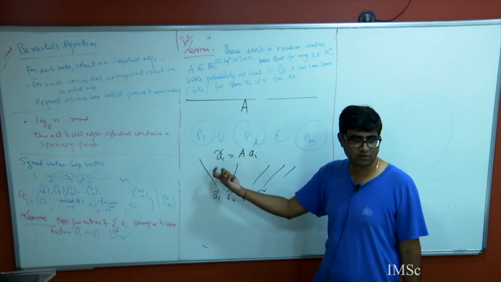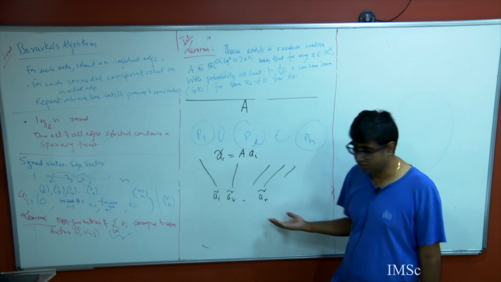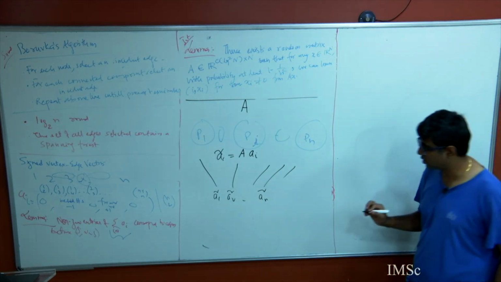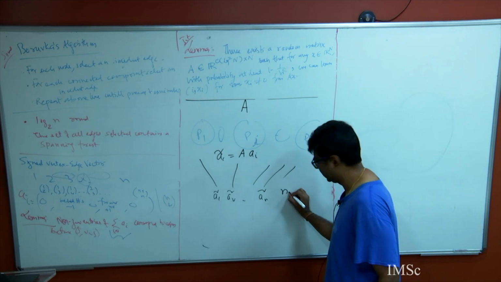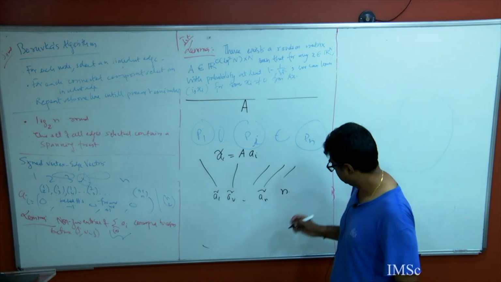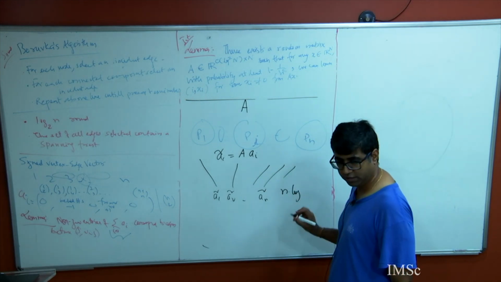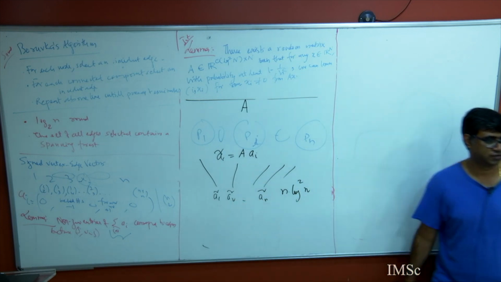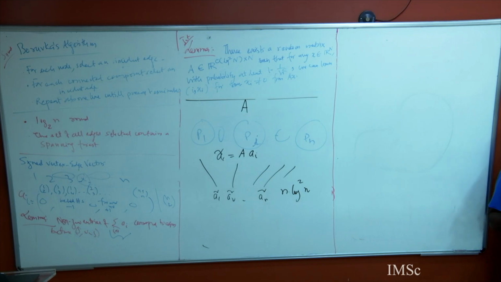So what is the dimension of this? It is log squared n, some order of logs. So this is what I have sent you. The total amount of message I have passed in this algorithm up until now, let's be precise, up to constants, is n log squared n. This is the message I have passed.